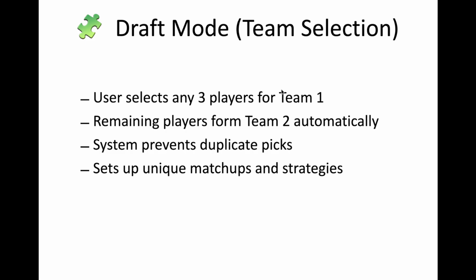The user selects 3 players to form one team, and the remaining 3 go on the other team. I implemented a system that prevents the user from selecting a player who has already been taken, using an array to track which players were picked. This makes the program more interactive from the very beginning and lets the user explore different combinations.